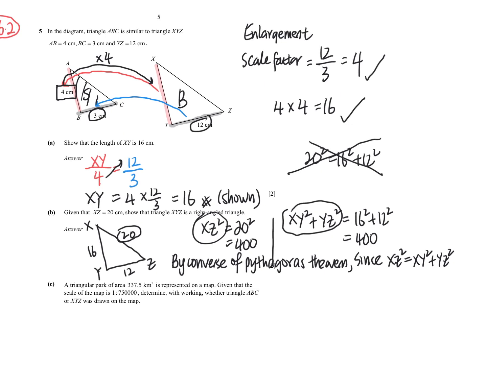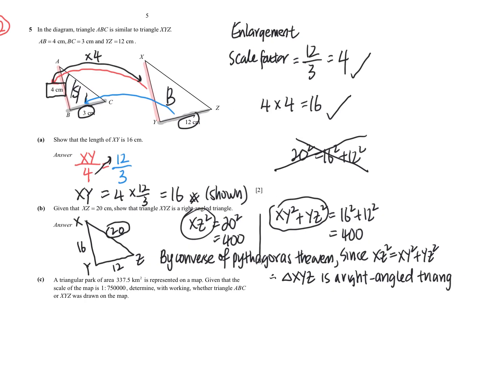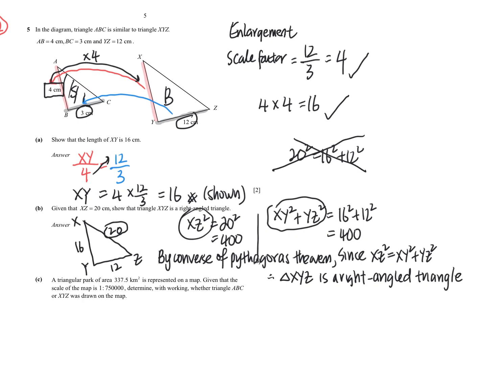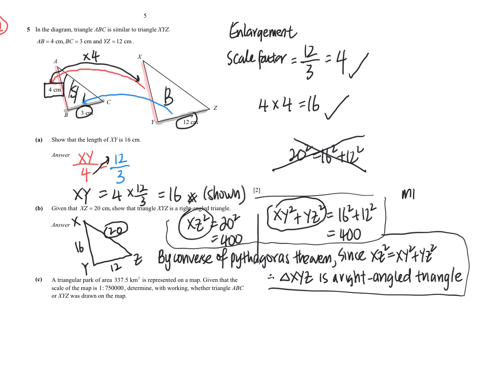Since this is equal to this, therefore triangle XYZ is a right angle triangle. This is your second mark. A lot of you never get your second mark. So the first mark is here. 1 mark. The second mark is here. Okay, please make sure you show both.